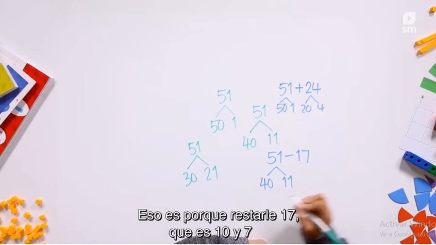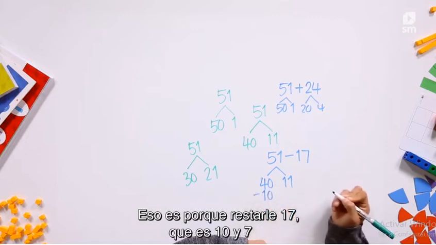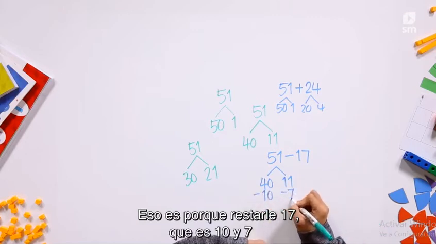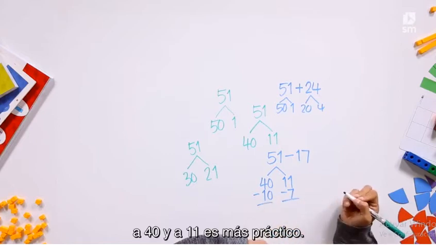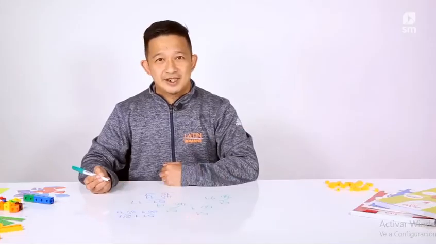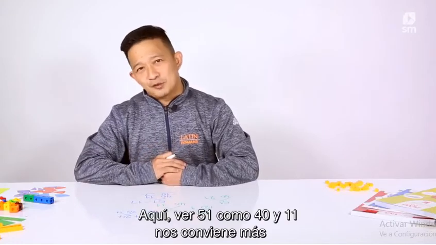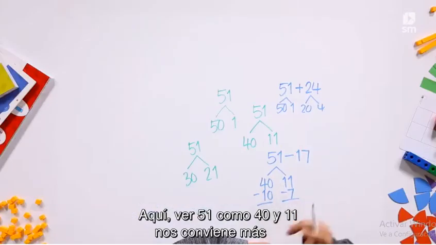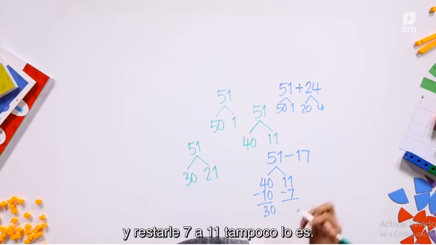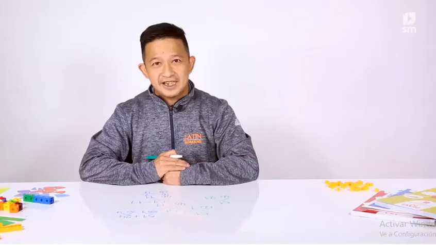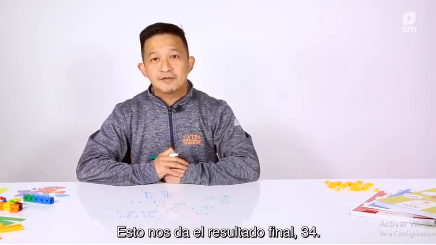That is because to subtract 17, which is 10 and 7, from 40 and 11, those are convenient. So in this case, looking at 51 as 40 and 11 is better for us, because subtracting 10 from 40, that's not difficult, and subtracting 7 from 11, that's also not difficult, giving us the final result of 34.